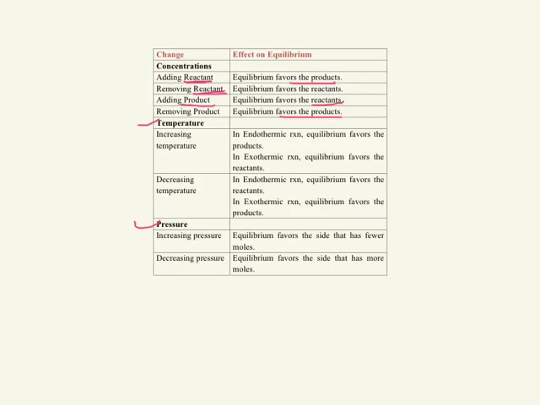The next we're going to discuss is the temperature change. Now, in order to predict what effect a change of temperature has on a reaction, first you must know if a reaction is endothermic or exothermic. So let's say I'm going to take this reaction.